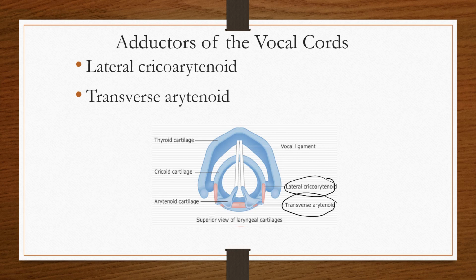Because of their attachments, they will pull the muscular process like this, because of which the vocal cords will come together. When the muscular process moves laterally, the vocal cords come medially. The transverse arytenoid will bring the two arytenoids closer so that the vocal cords are adducted.